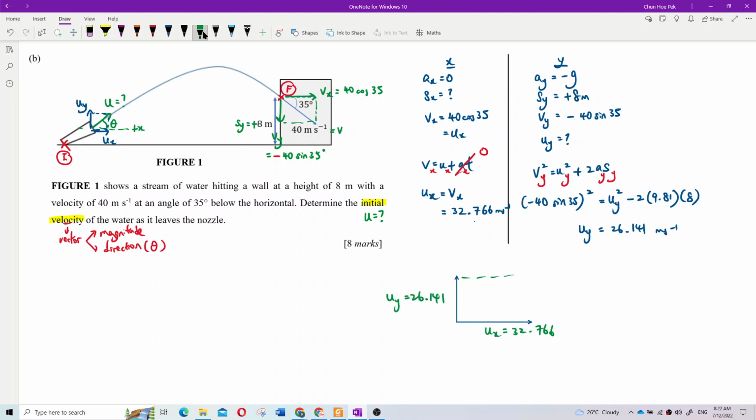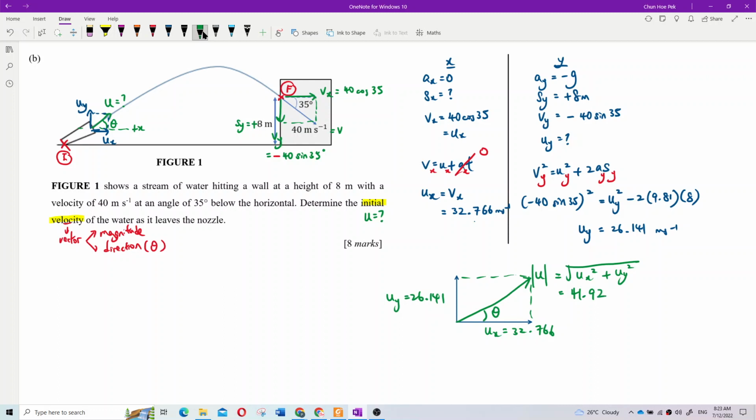So I can find my u, and then I can find my direction. So how to find the magnitude of u? Just ux square plus uy square. Let's calculate. 32.766 square plus 26.141 square, and square root the answer. Okay, it is 41.8.